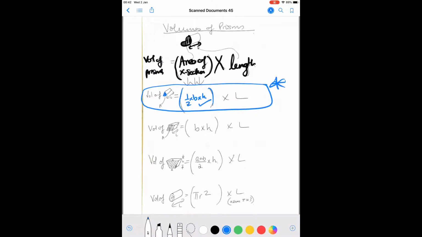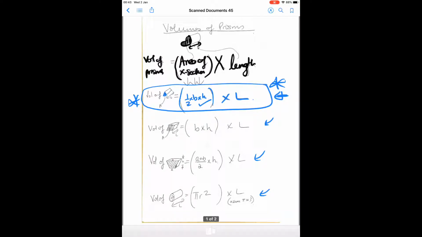And then the volume is that times the length. So this is the formula that we're interested in for this exercise. Below here we have the volume of other prisms: the trapezoid prism, the cylinder, and the parallelogram prism as well. But this is the one that we're looking at right now. So let's get back to the other page.